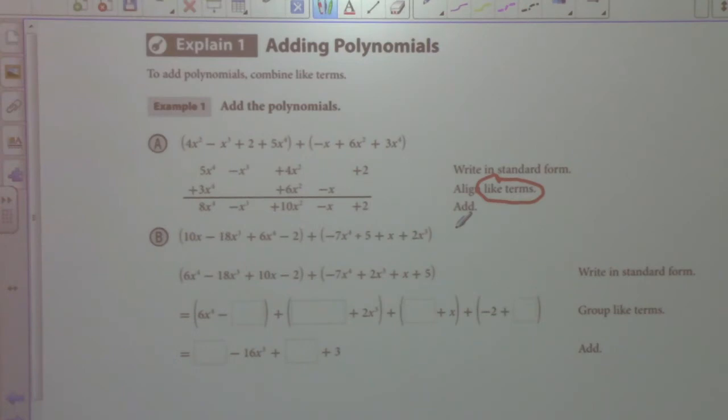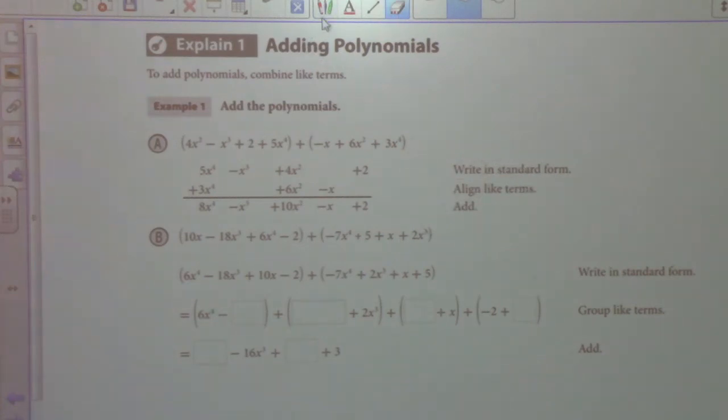Same letter, same variable, but to the same power. Yes, those two things. Those would consist of like terms, and you've talked about that a lot.